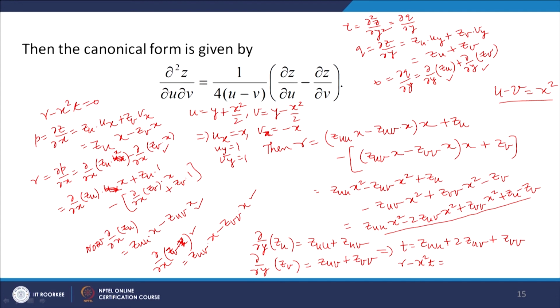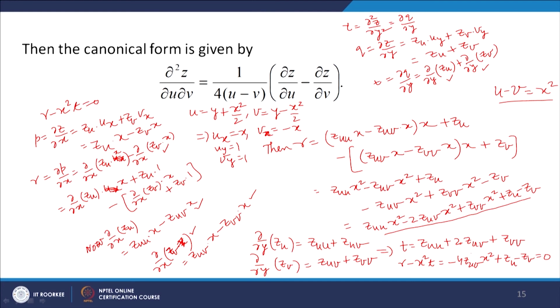When we multiply and subtract, minus 2 x square zuv will add to this, so we get minus 4 zuv into x square plus zu minus zv equal to 0.